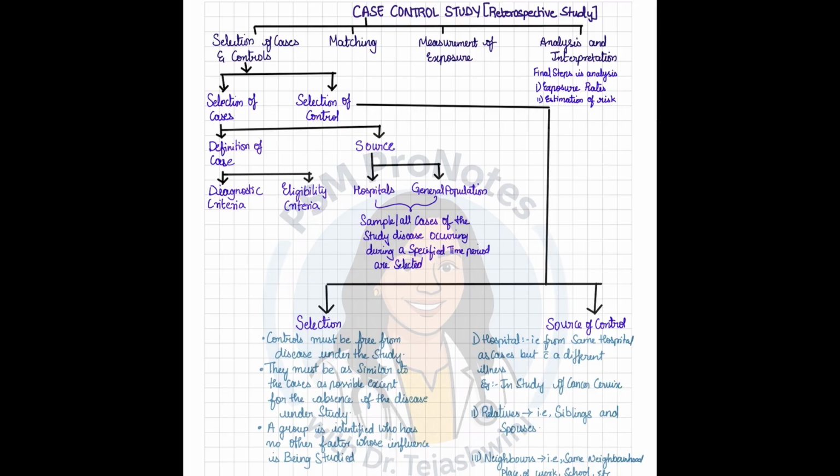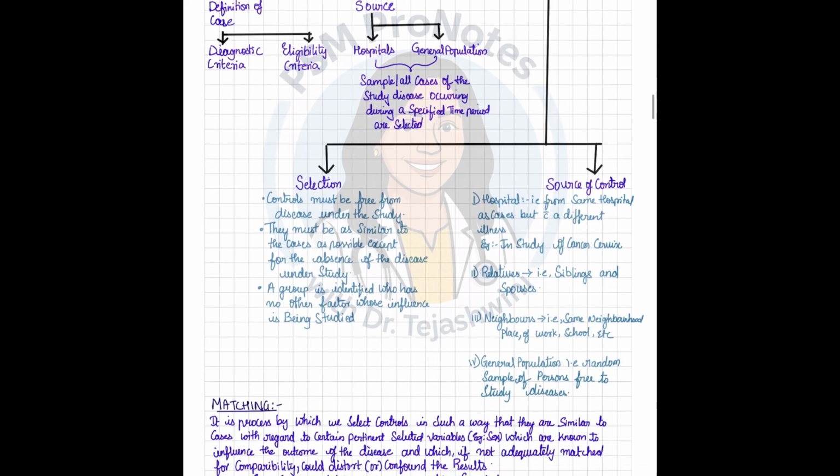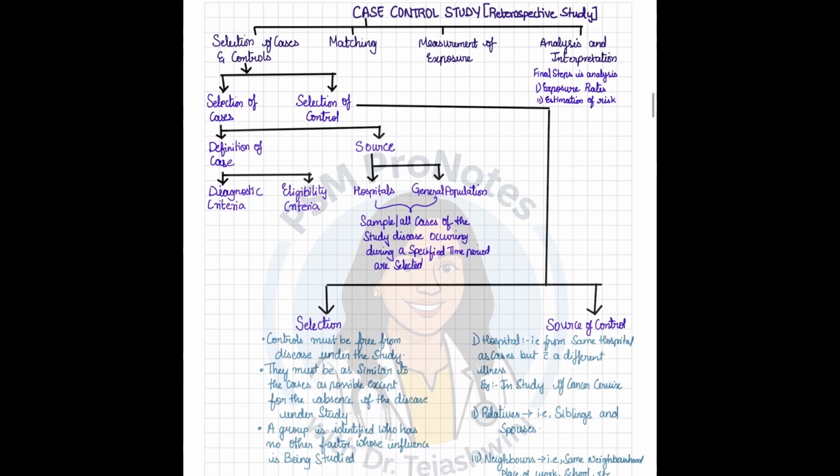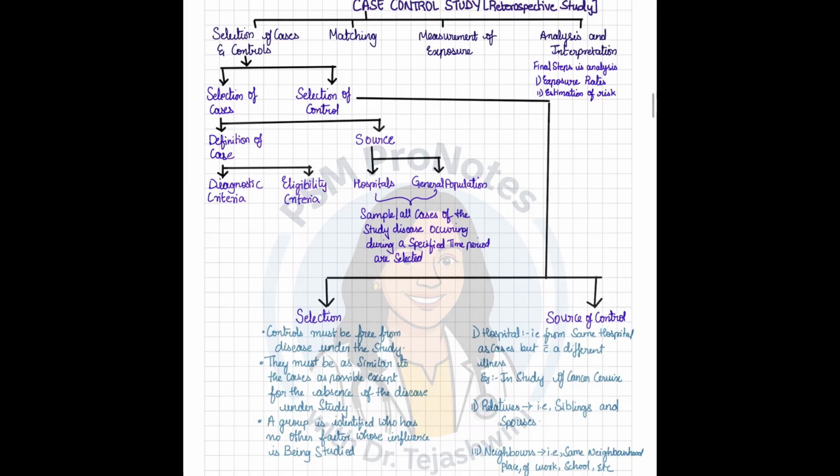The idea behind matching is to isolate the effect of the exposure, such as smoking, on the disease outcome without interference from other confounding factors. For instance, you may match cases and controls by age so that you're comparing people of similar ages, ensuring that age differences aren't driving the results.